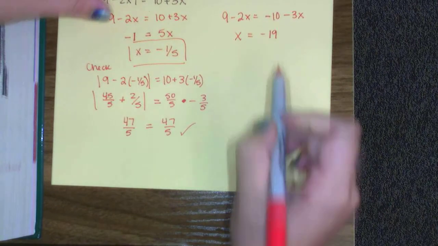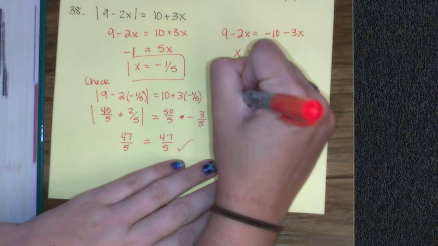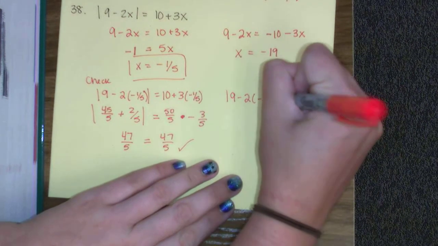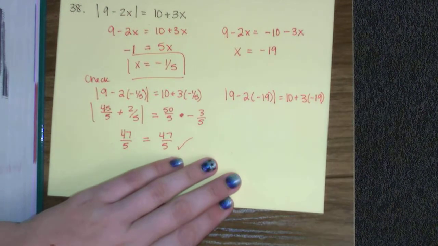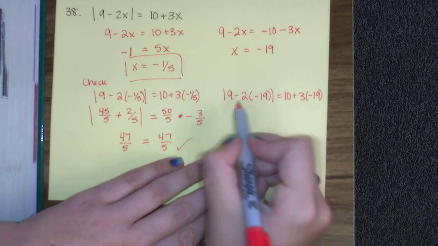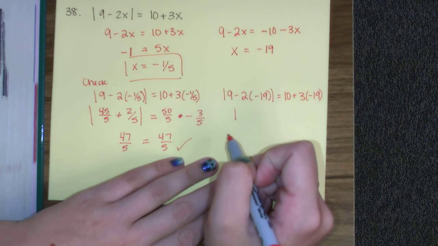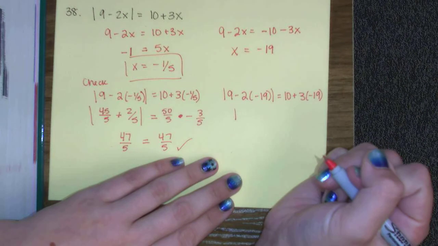Now we need to check negative 19. So the absolute value of 9 minus 2 times negative 19 is equal to 10 plus 3 times negative 19. So what is this? What's 9 plus 38? Just trying to save a step.